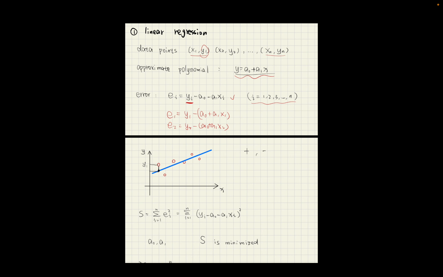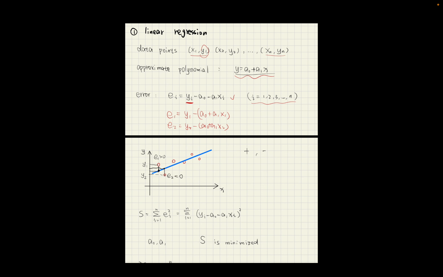So for this point, e1, let's say, is positive. But for this, y2 is the actual value, and this point is the approximated value. You can see y2 minus the approximated value, e2, is actually negative.